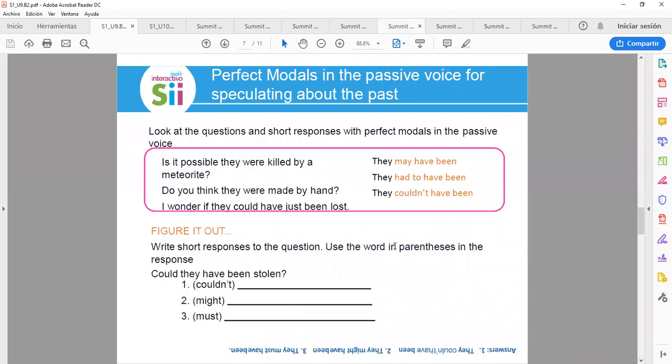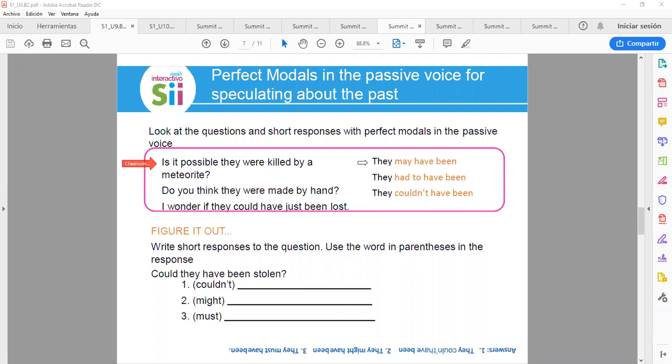Let's continue talking about the perfect models in the passive voice for speculating about the past. Look at the questions and short responses with perfect models in the passive voice. Is it possible they were killed by a meteorite?